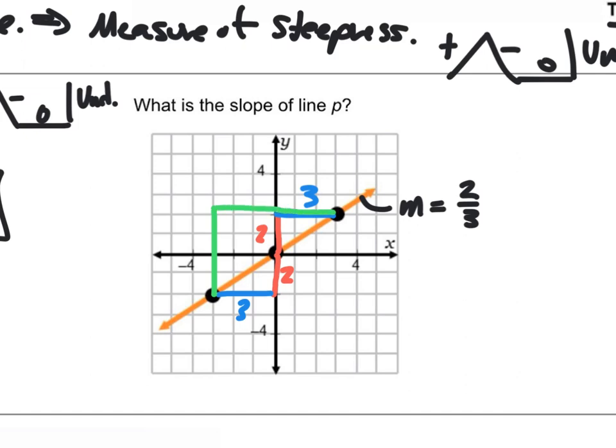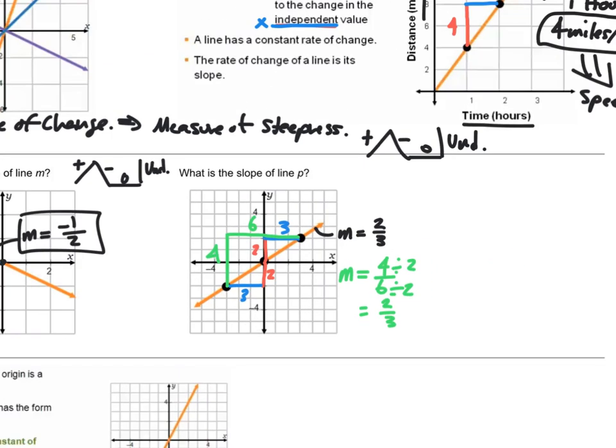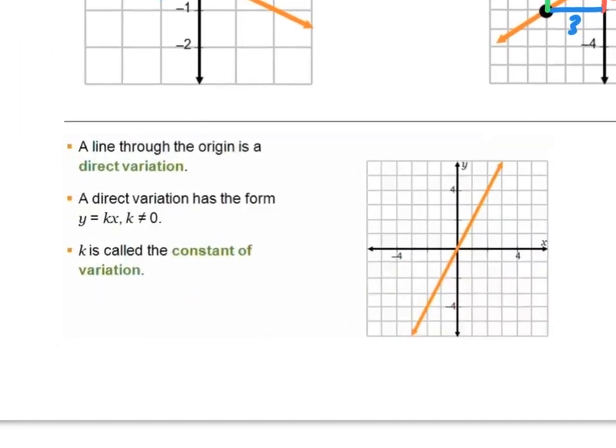Now the vertical change is 4, and the horizontal change is 6. So even if you wrote the slope as 4/6, this fraction can be simplified and rewritten as 2/3. It doesn't matter which ones you use, it just depends on whether you use rise over run or the change in y divided by the change in x.